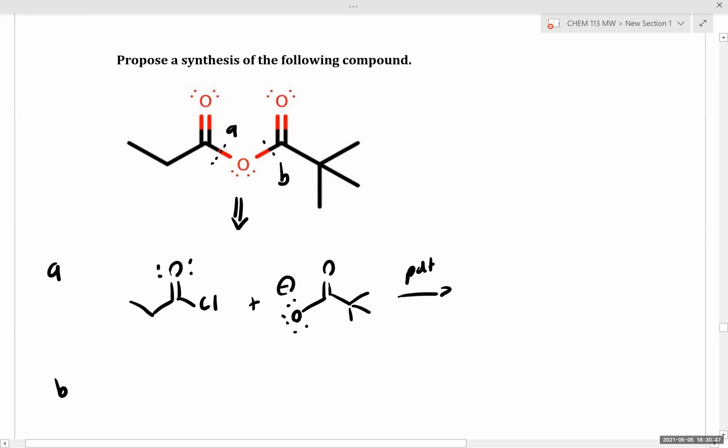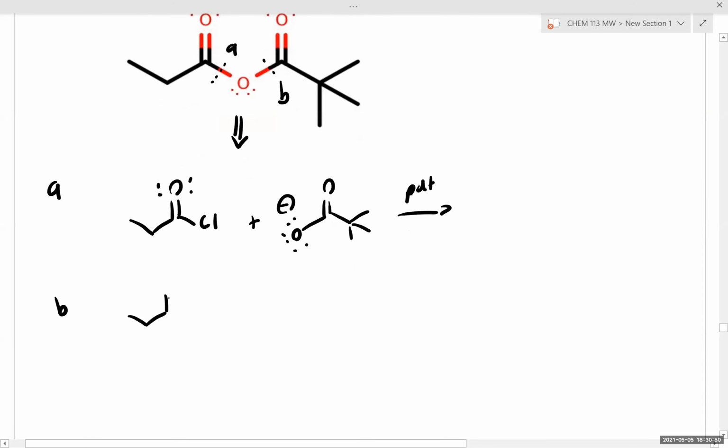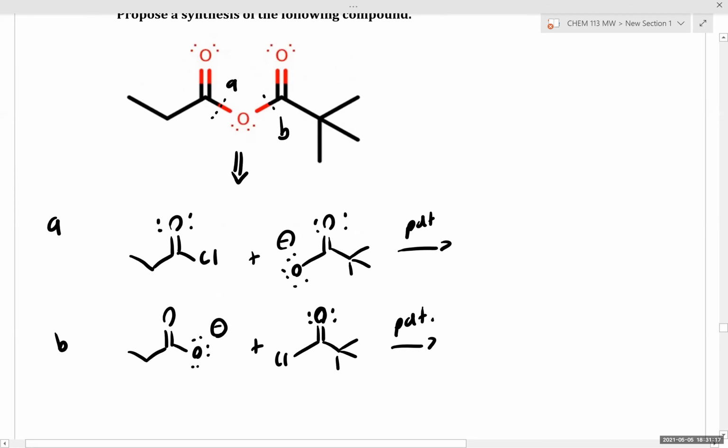For route B, we're breaking bond B. And again, we can prepare asymmetrical anhydrides via the reaction of a carboxylate salt with an acyl chloride derivative. Does this example make sense to everyone? Any questions?